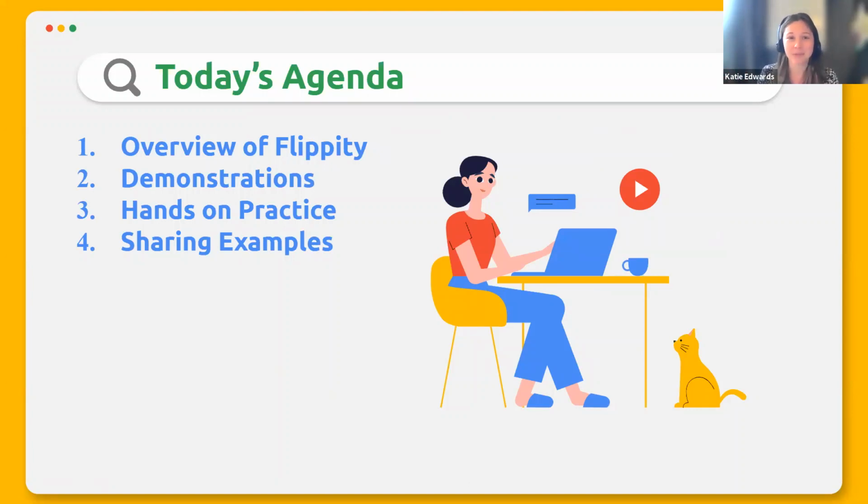Some of you might have heard about it before, and maybe you're like Ellen and say, I have no idea what this is. I'll give you a couple demonstrations on what this looks like and what it could look like in what sort of context, whether you're online or in person, small groups, whole class. And then as we're doing that, hopefully we'll have some time to do some hands-on practice. And again, depending on the time, maybe even share some of the examples that you create.